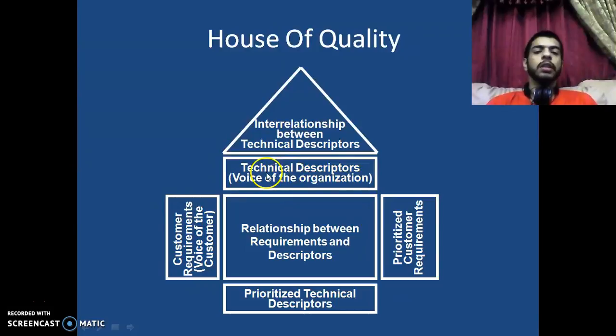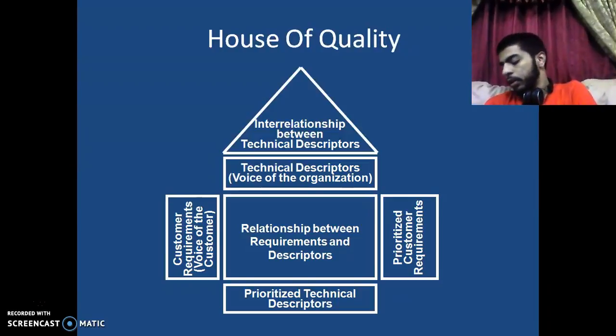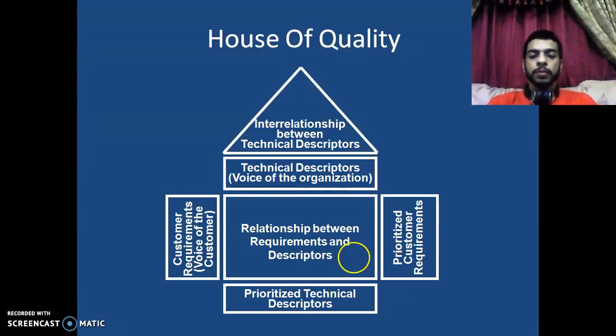Here we have the technical descriptions or the voice of the organization, what the company wants to make, or what the firms are trying to make. Here we have the relationship between the requirements and the descriptors. We see how they match and how closely they are connected. And at the right side and at the bottom we basically complete ourselves and check what we are doing.